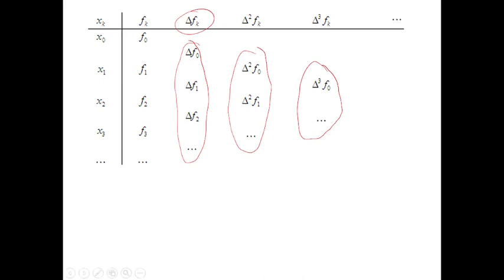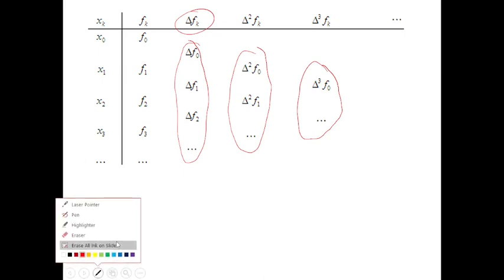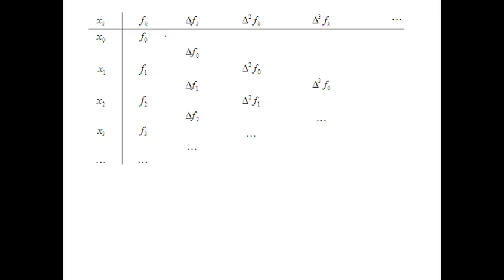So, paano ba makukuha yung sagot dyan? So, we have here delta f0. So, recall natin. Delta f sub k is f sub k plus 1 minus f sub k.